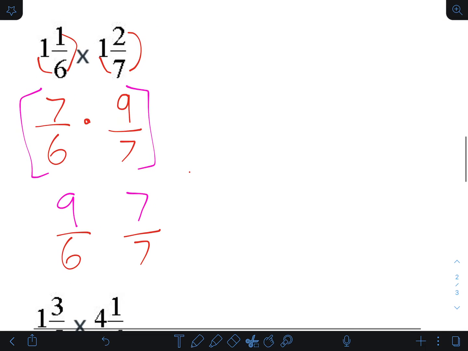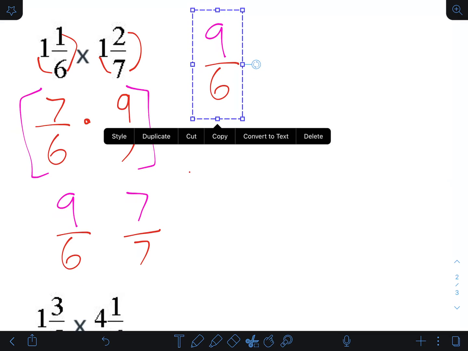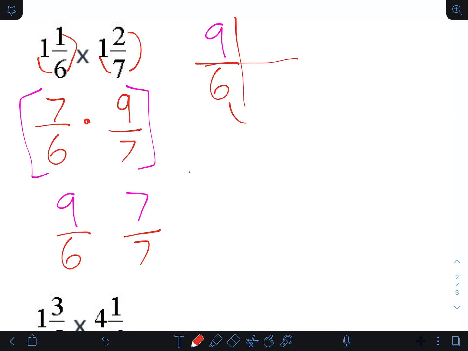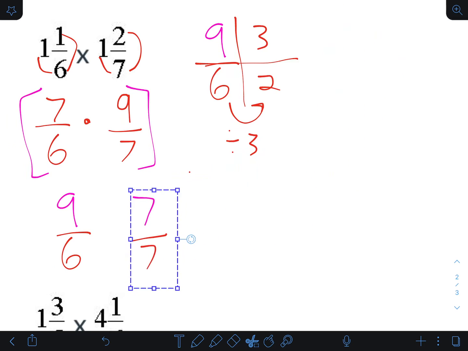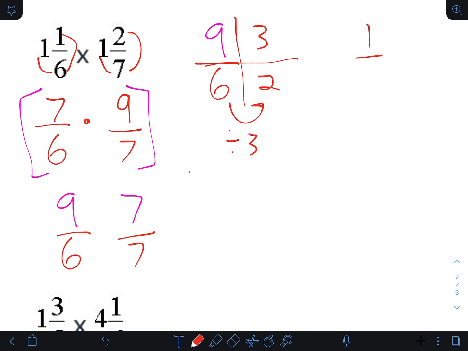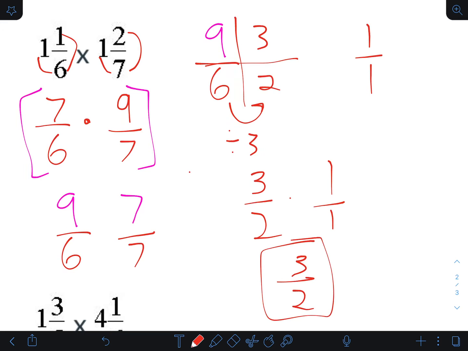And let's move that up here. I'm running out of space. Extend that ratio table. You could take a 3 out of both. 3/2. Oh, that's going to be an easy one. What's 7 over 7? 1. So then what we have is 3/2 times 1 over 1, which is just 3/2. Okay?